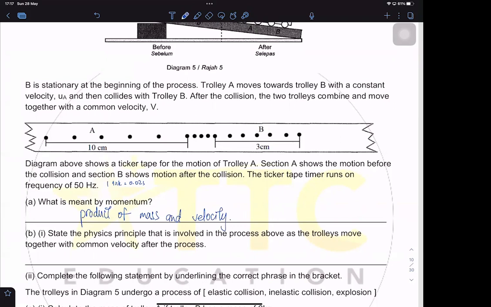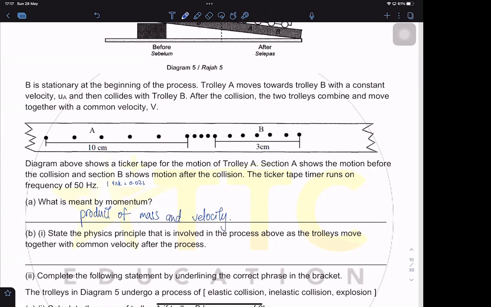Okay, next question. State the physics principle. If I see the question is about momentum, and I see them ask me for the physics principle, actually, I won't even read the rest of the question. I already know the answer.